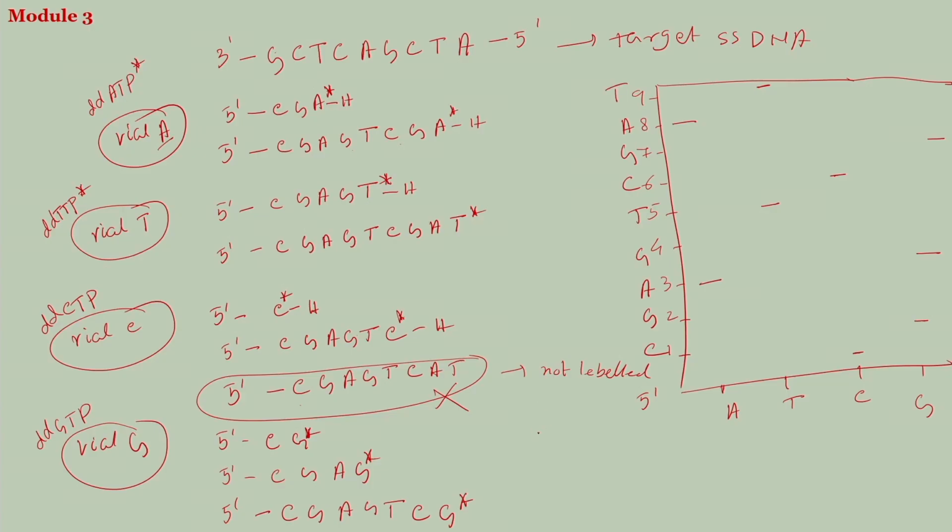So, your complementary strand sequence is 5' C, G, A, G, T, C, G, A, T. Therefore, the original strand, the target, should be 3' to G, C, T, C, A, G, C, T, A. So, it matches with the original strand.